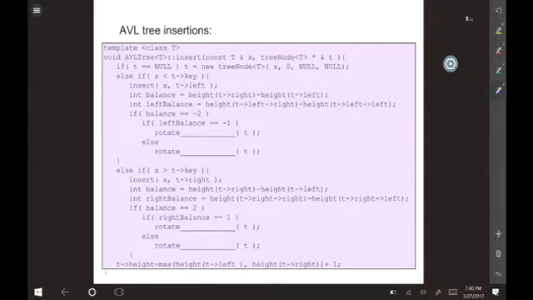All right, so let's take a look at this. This is the code for insert. I know that because it says insert right there. Let's look at the parameters. Here is the key to insert, and here is the root of the current subtree.